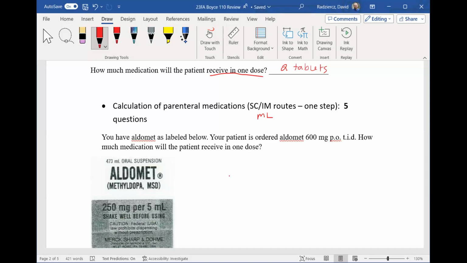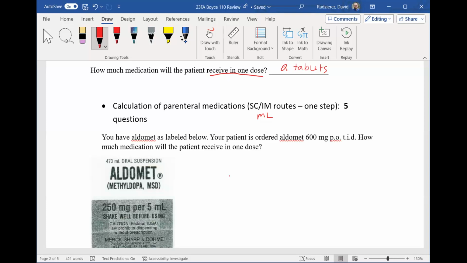Now, could you give someone microliters or liters? Maybe, but I've never seen it as an example question. So I'm assuming that we're probably not going to be dealing with that. You can give someone really, really small milliliters, or you can give someone a big amount of milliliters. It just depends on what it is that we're talking about.